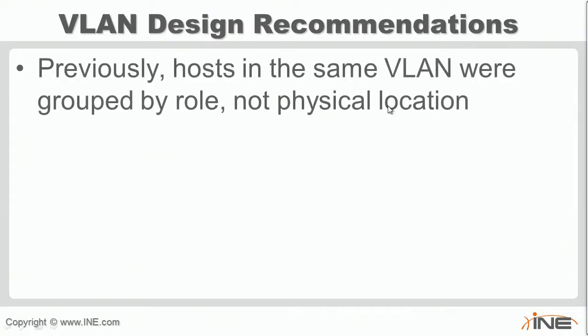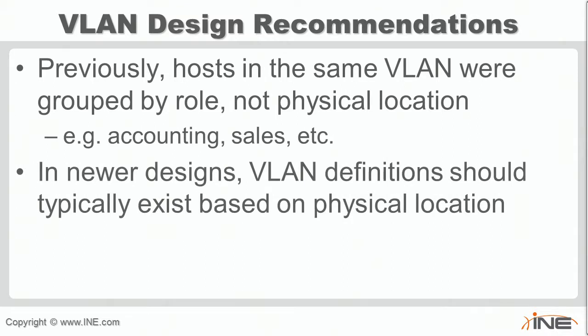Now, you may have seen in some older documents or previous recommendations that the VLAN a lot of times was related to the role in the network. Like maybe you had one VLAN for accounting, one VLAN for sales. In today's networks, most of the time the VLAN is going to be directly related to the physical location, where on one of your access switches maybe you have VLAN 10, on a different access switch you have VLAN 20, and they're unrelated.